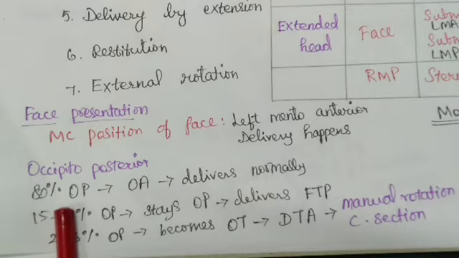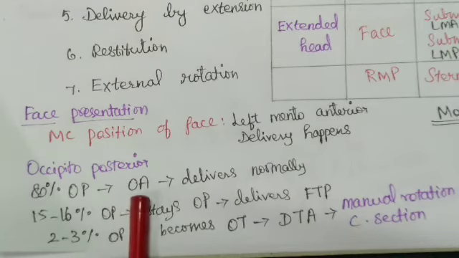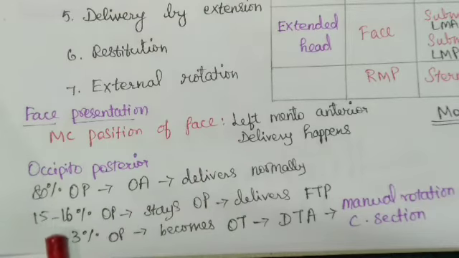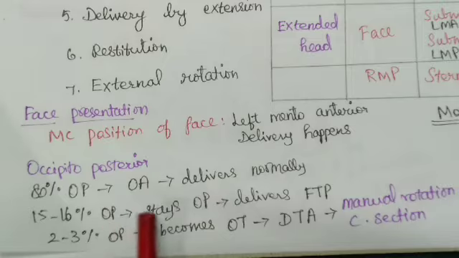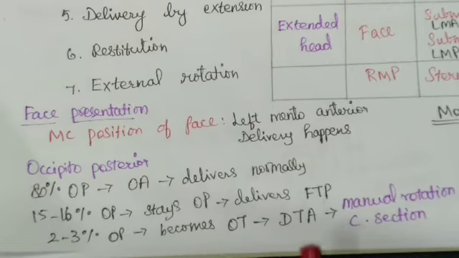If it's occipito posterior, in 80% of cases it can turn into occipito anterior and delivery happens normally. In 15 to 16% of cases, occipito posterior stays occipito posterior, and it delivers as face to pubis. And in 2 to 3% of occipito posterior, it becomes occipito transverse, and there is deep transverse arrest.